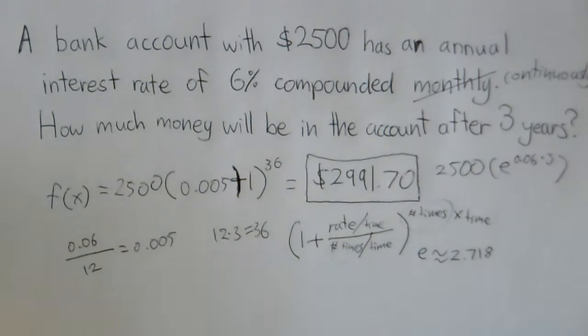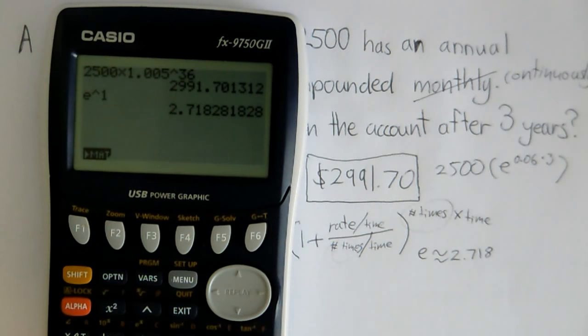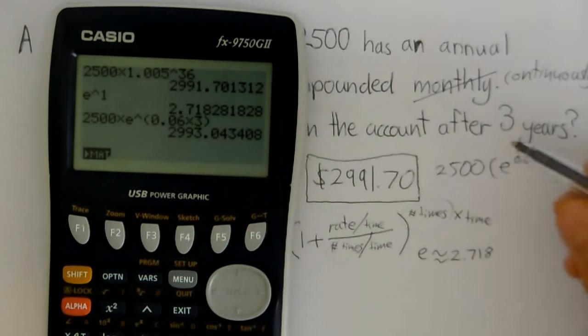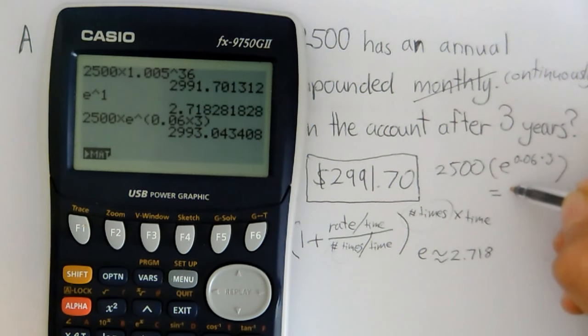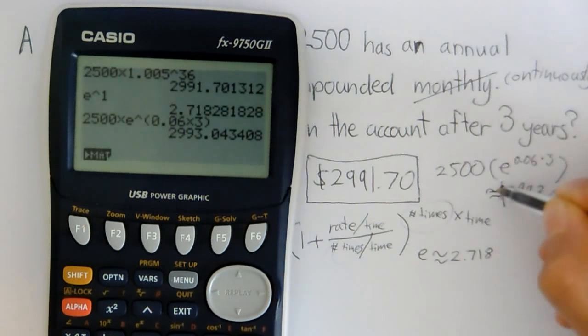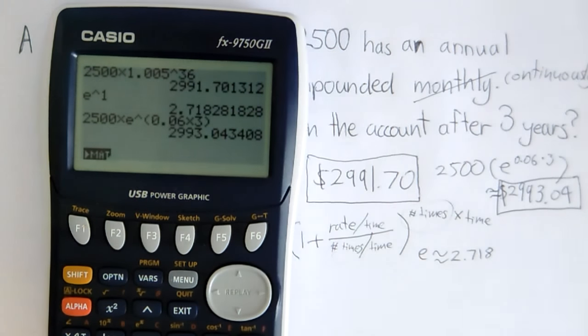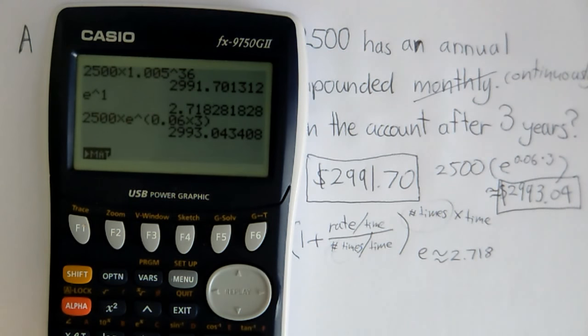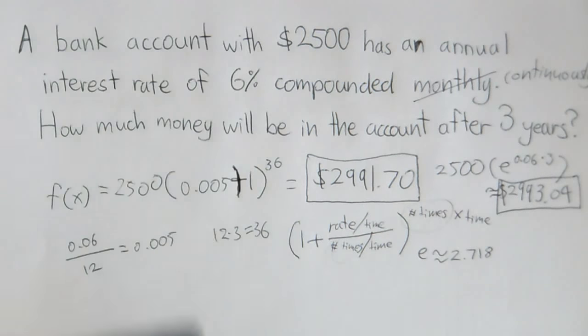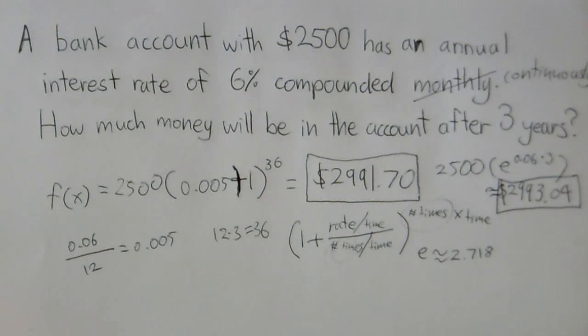So we use a calculator again. 2500 times e raised to 0.06 times 3, and we get approximately $2,993.04. So that's the amount that will be in the bank if the interest is compounded continuously.